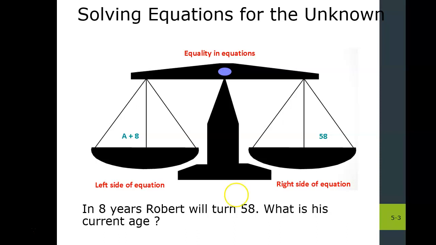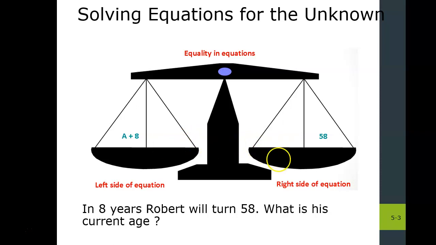So on the left-hand side of the equation, we have a variable or a constant, which is A. And the question is, what does A represent? A represents Robert's current age, and we're trying to solve for his current age. We know that if we take his current age and add 8 years to it, it's going to equal 58. Therefore, the left-hand side is equal to the right-hand side.